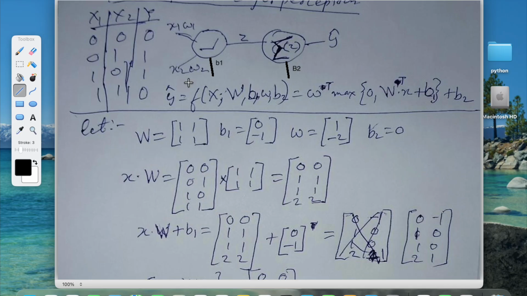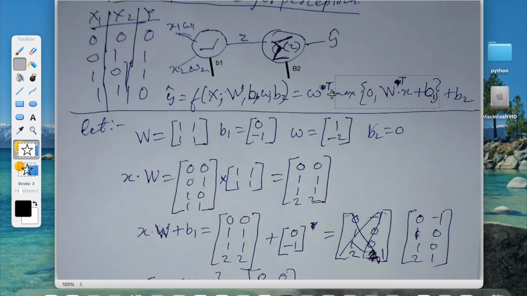This inner part represents the first neuron, and that is wx plus b, whatever is the summation we always have.